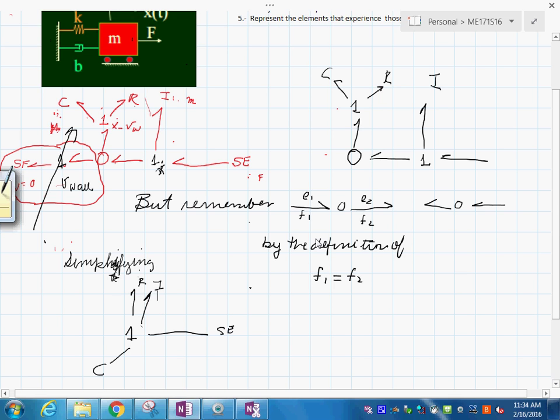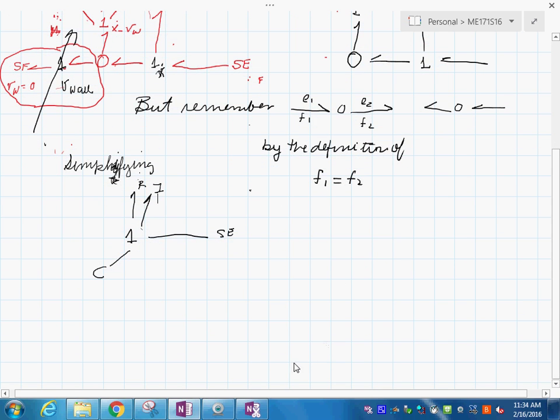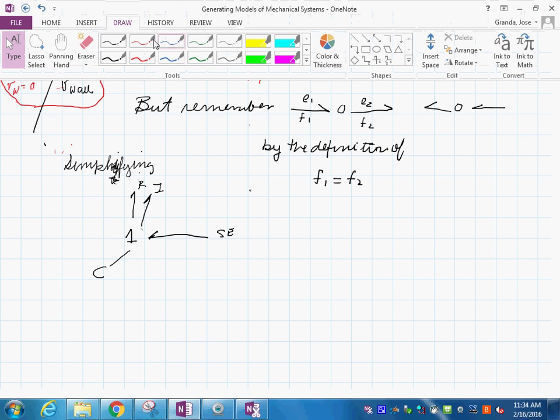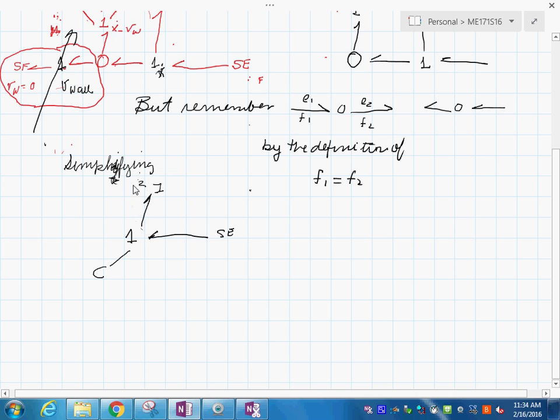There we go. You can put the bond numbers in there if you want, but CAMG will do it for you. So this is the way we generate the bond graph model.